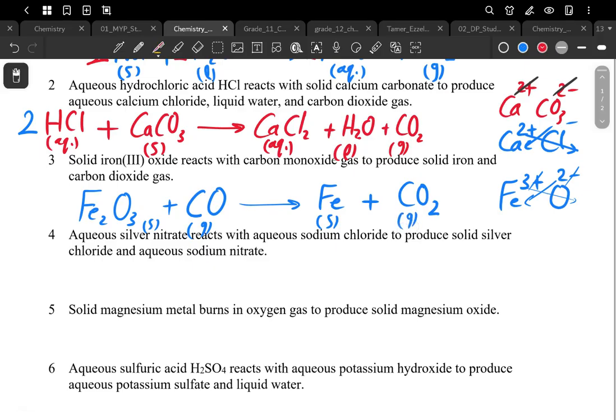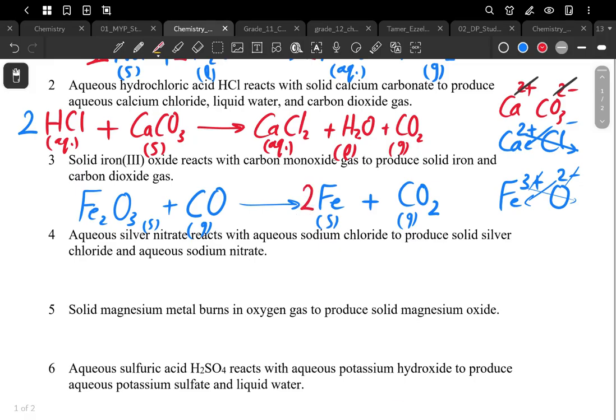Now, after writing down the chemical formulas in a correct way, now let's balance, okay? The iron atoms on the left side are 2 and on the right side just 1.